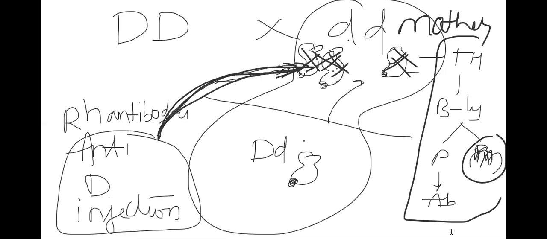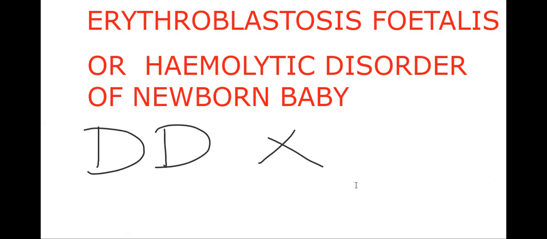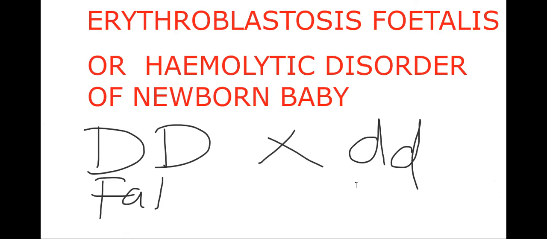We are going to get these kinds of questions in the examination, so you should think logically to answer all of these. So this is erythroblastosis fetalis along with the treatment. The very important thing to remember: this happens due to an incompatible marriage, where the father is positive and the mother is negative.